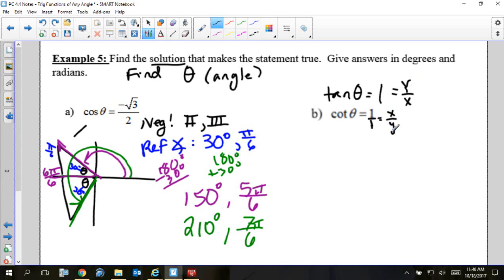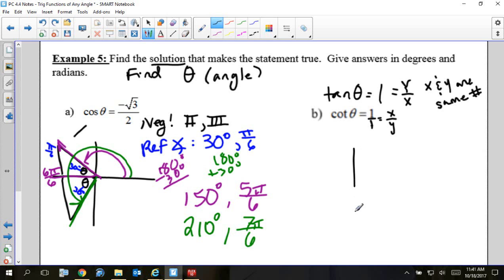You can use either. All you need to know from this right now is that x and y have to be the same number. That's the only way that when you put y over x, you get 1. They have to be the same number. That should get you thinking about what kind of degrees we're looking at.